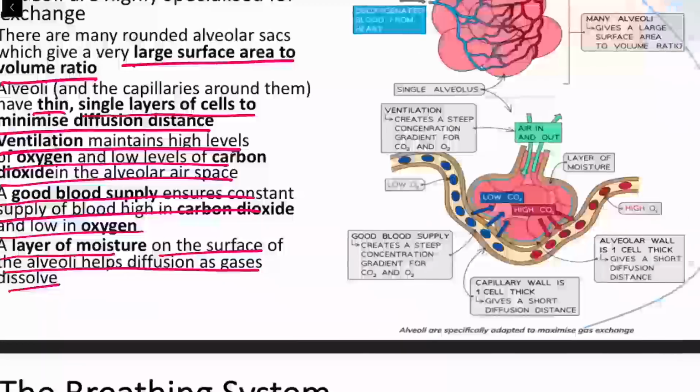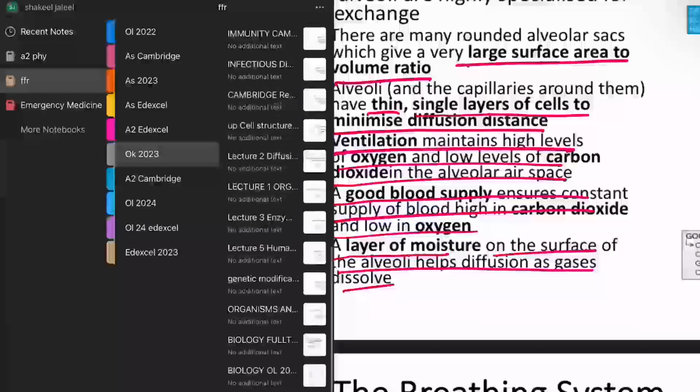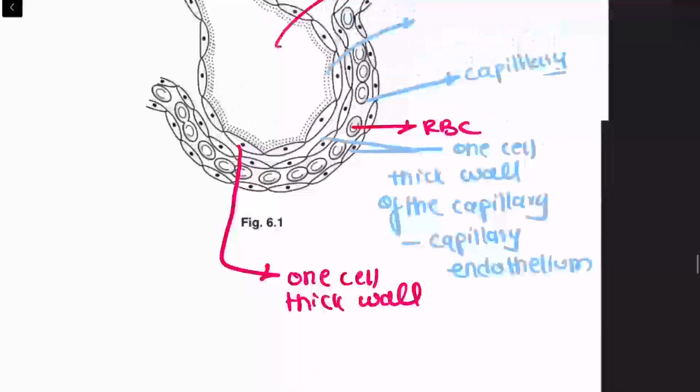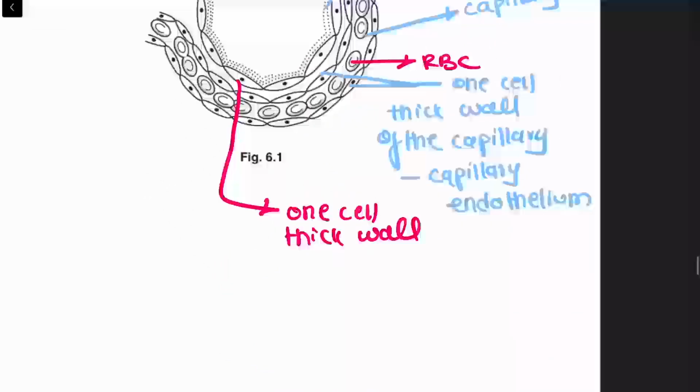All of this is in your tube, right? So let us go ahead. This is a layer of moisture here. So let's go.